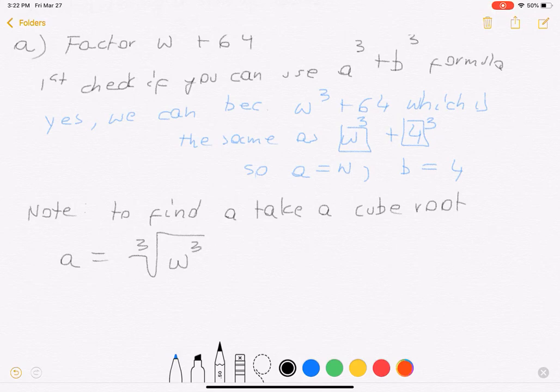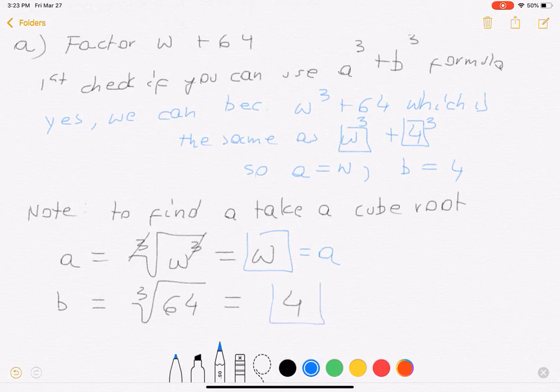So again, the index of the root and the exponents undo each other, you will end up with w. So that's our a. B will be the cube root of 64, which is 4, and that's our b. So now we know that a is w, b is 4, and we can use the sum of cubes formula.